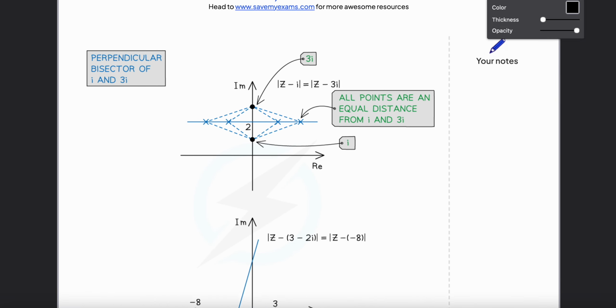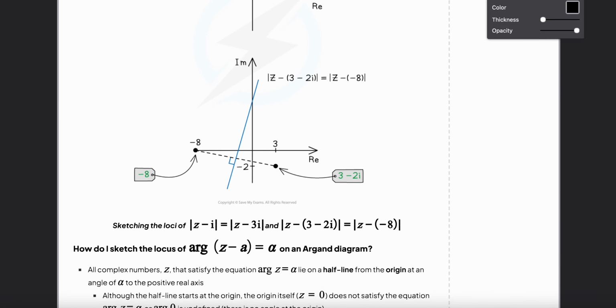So on this diagram, let's start with the second one, this one. I have the modulus of z minus 3 minus 2i being equal to the modulus of z minus a. So we started with z minus a equals z minus b.